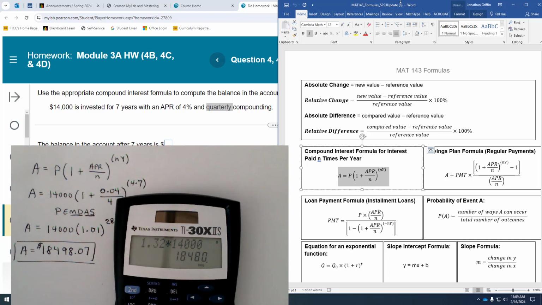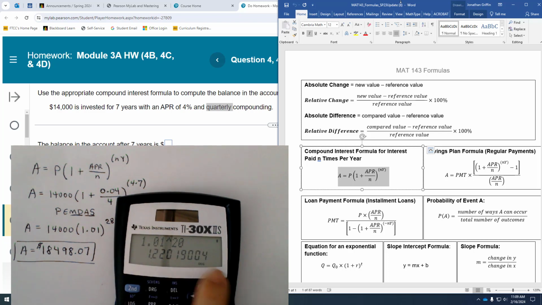Alright, some students, and I do suggest this too, if you type this in again like this, in the next video, what I'm going to do, just to help show my steps, I'm not going to round this. Well, technically I will round it, but I'm going to write down everything the calculator gives me. Even if I just write down what the calculator shows me, that's still a rounded value, because there's actually some more numbers going on here.